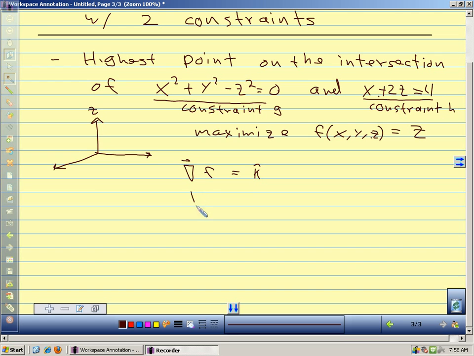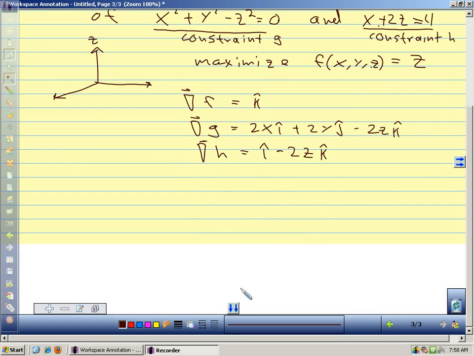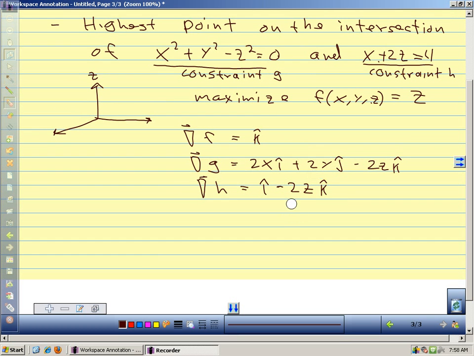So del g is 2x i plus 2y j minus 2z k, and del h is i minus 2z k.